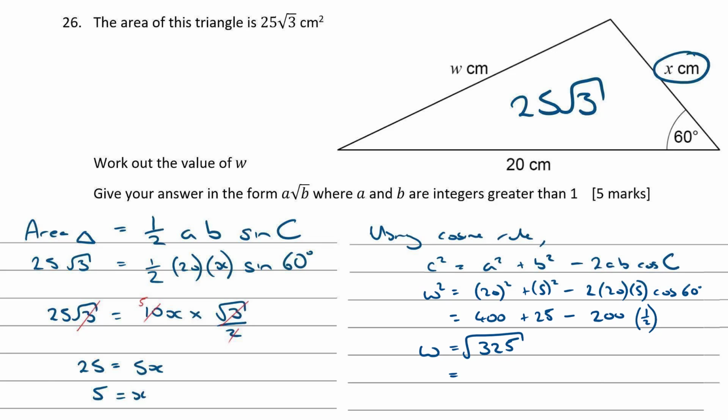How many 25s in 325? Well, there are 4 25s in 100, so 300 has got 12, plus another 25 is 13, isn't it? So that is 25 times 13, and the square root of 25 is 5, so that's just 5 root 13. So w is 5 root 13. That's a fun question.